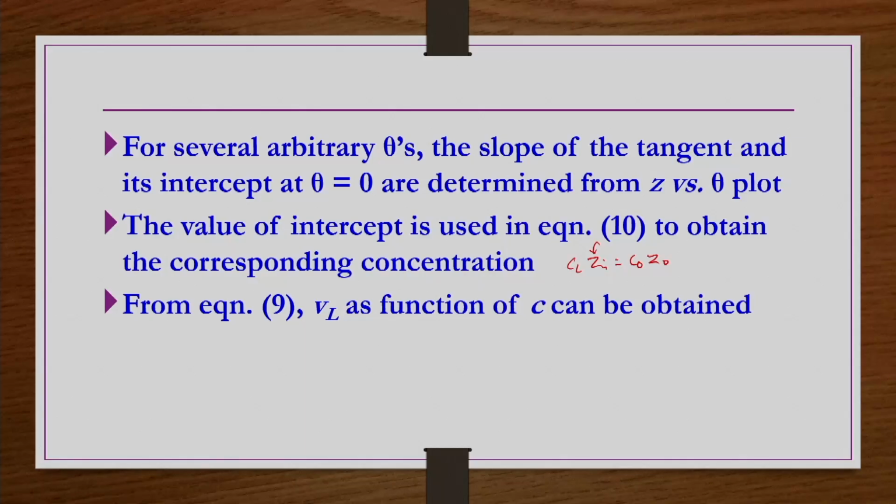If you substitute this C L in equation number 9, you get an expression for V L as a function of C. We understand that the settling velocity of the particle is a function of concentration, and what function of the concentration we can know from equation number 9 by substituting the C L information.